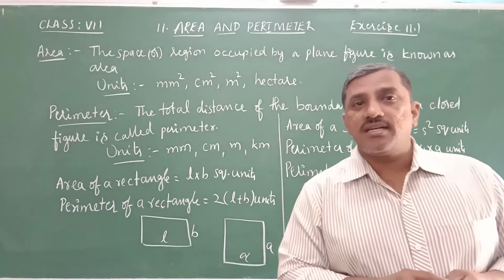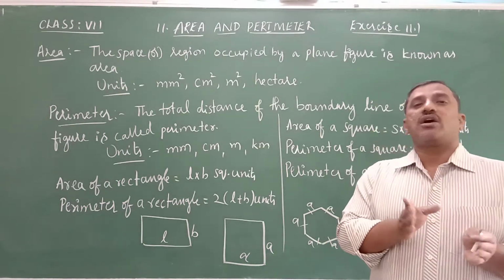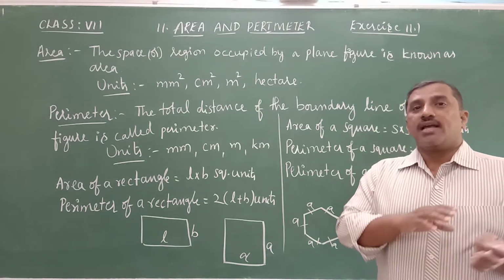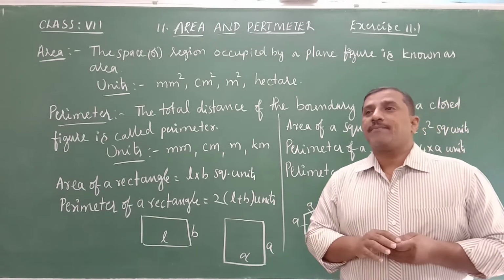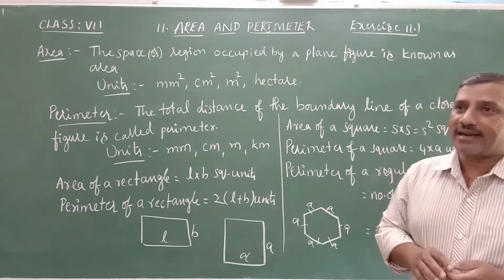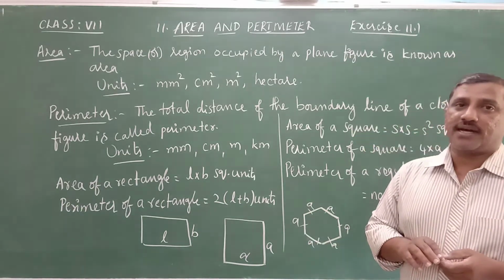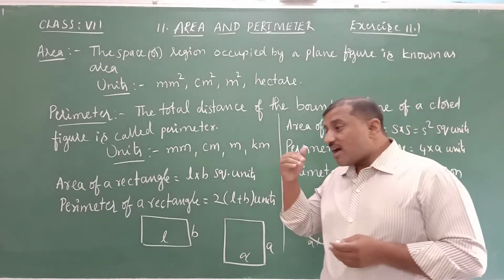Area of the circle, circumference of the circle, and some conversion of units, and this knowledge we will apply to find the areas of paths like rectangular path, square path or circular path, and areas of crossroads.